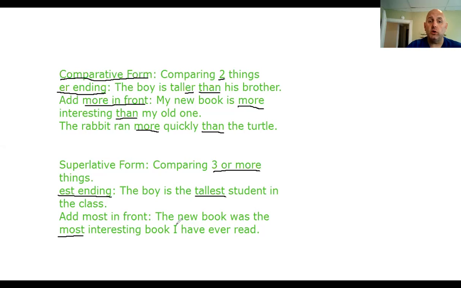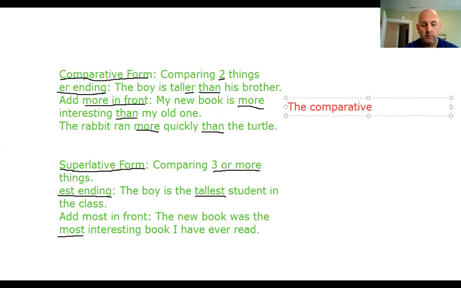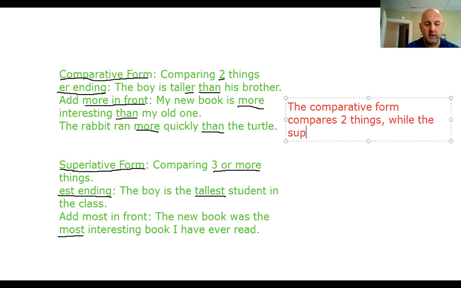Okay. So comparative form, comparing two things using ER or more. Superlative form, comparing three or more things using an EST ending or using most. So how do I answer that question? On my quiz, I say the comparative form compares two things, while the superlative compares three or more.